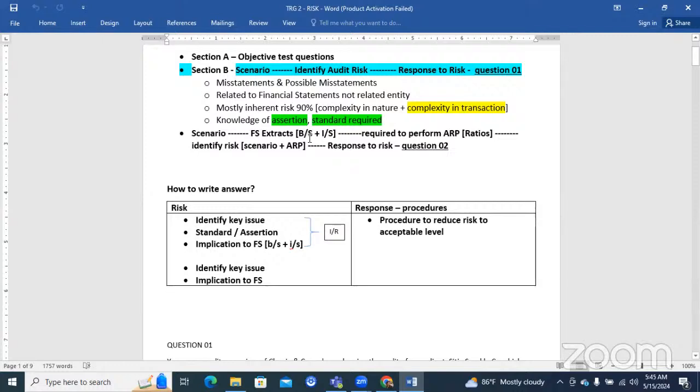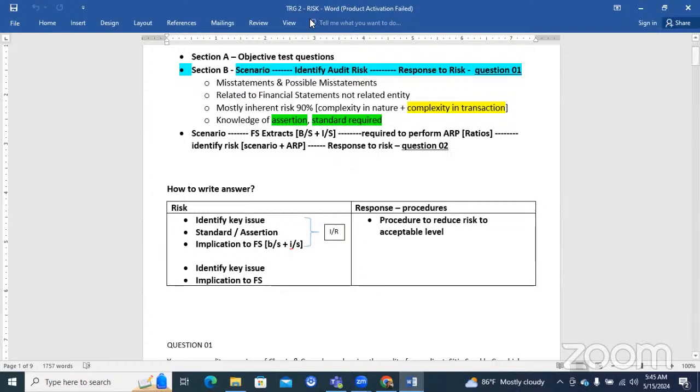So when you are doing the exam, students, if you find any financial statement extract, a portion of the balance sheet or income statement within your audit risk question, confirm you are doing ARP.